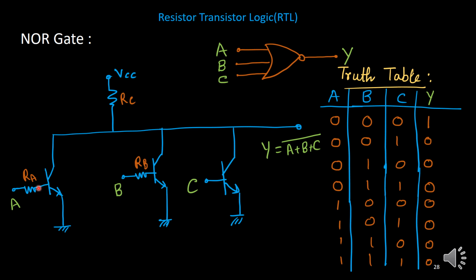If all are zeros, then only the output is 1, otherwise every time it is 0. So it is written as Y equals A or B or C, complemented.